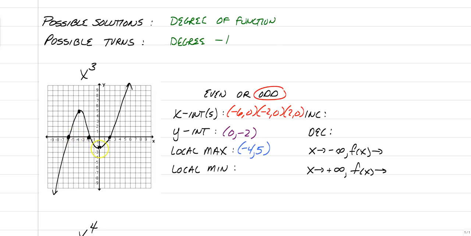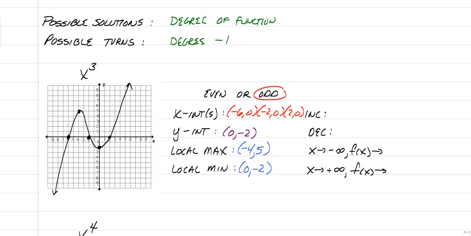Your local minimum would be (0, -2). It's the same as the y-intercept, which is not always the case. It just happens to be for this example. And that's because it's the bottom of this location. So those are local maxes and local mins.